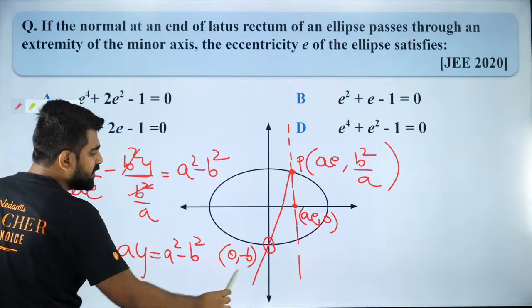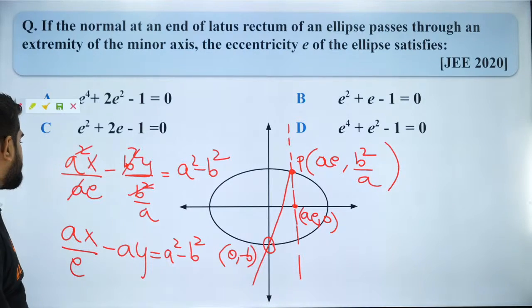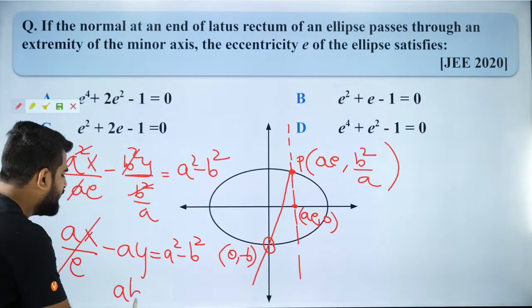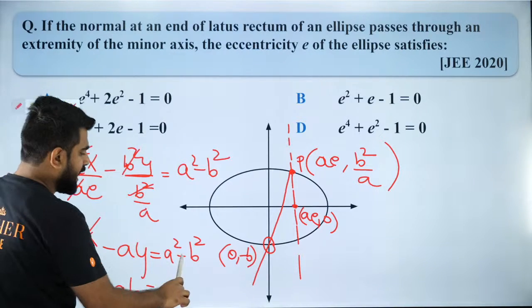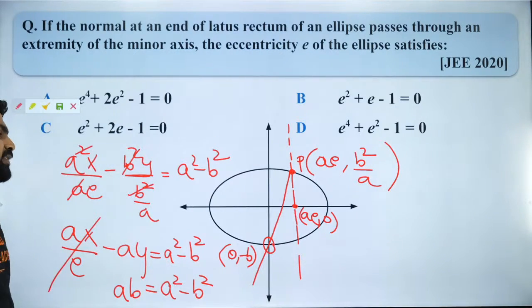Now I know it passes through 0 comma minus B, so let's substitute. If I substitute 0, this will go off. If I substitute minus B, I will get AB is equal to A square minus B square. Is that clear, guys? Are you all okay with it?